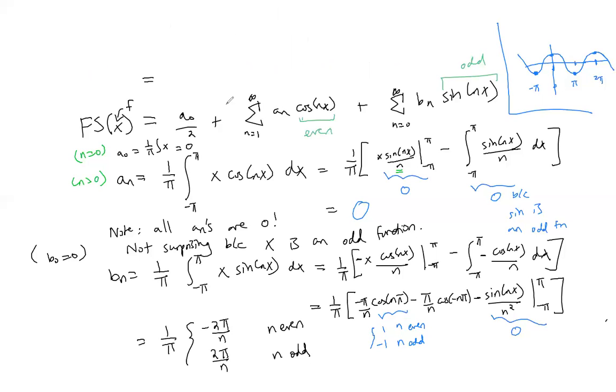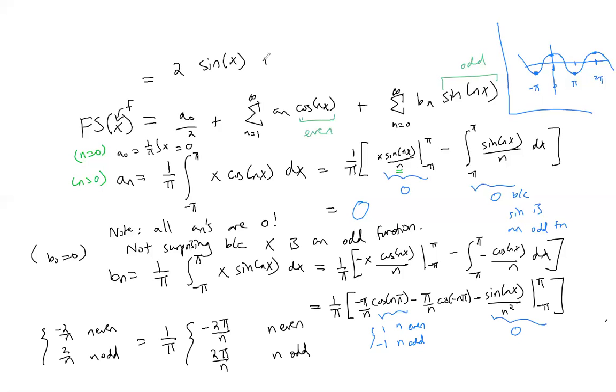Right, so all these cosine terms are 0, and you get, right, so for n even, so let's just write it out without the sum first. Sine of x, what's the coefficient of that? It should be 2. Right, so the pi's cancel. You should get negative 2 over n for n even, and 2 over n for n odd.